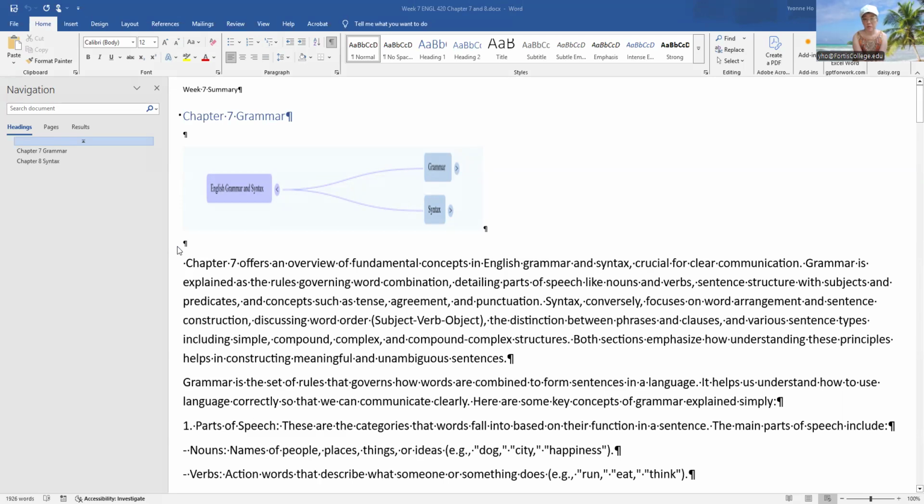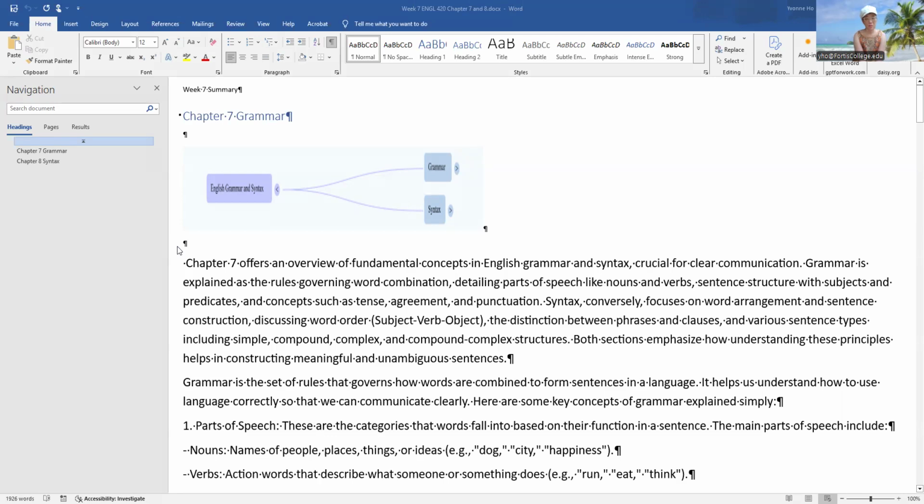Syntax, conversely, focuses on word arrangement and sentence construction, discussing word order, subject-verb order, the distinction between phrases and clauses, and various sentence types, including simple sentence, compound sentence, complex sentence, compound complex sentences. Both sections emphasize how understanding these principles helps in constructing meaningful and unambiguous sentences.